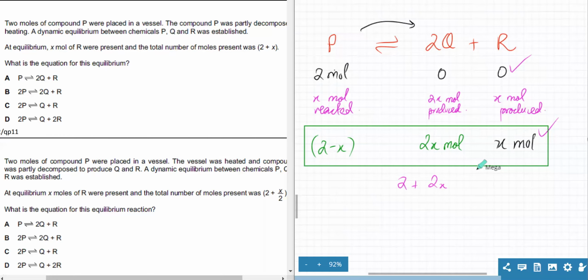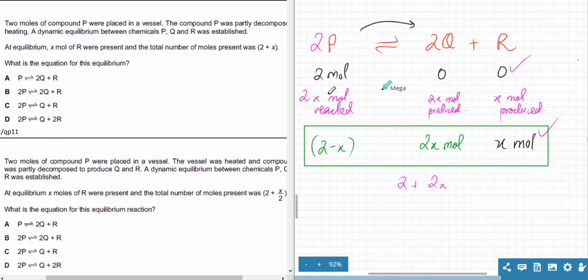Okay, so Taha, I'm going to go with your option now. Now your option has a different quantity of moles. It's 2P, 2Q and 2R. If I use those, the rest kind of looks the same. It's only this is 2P. So if X moles are produced over here, 2X moles must have reacted.